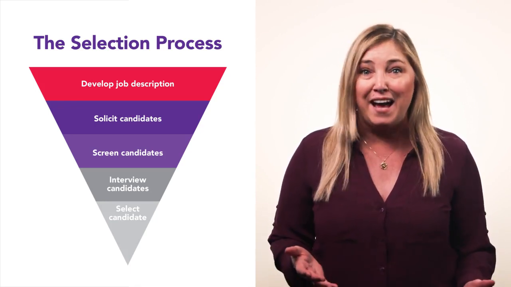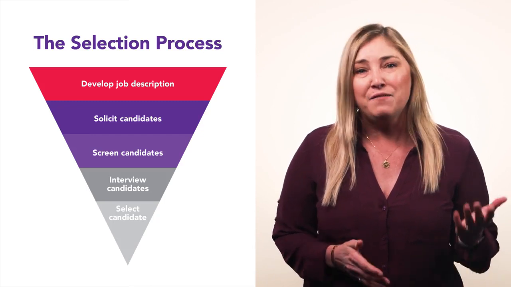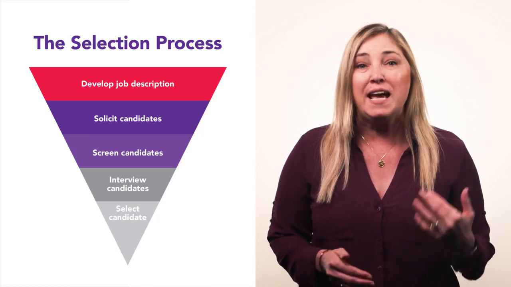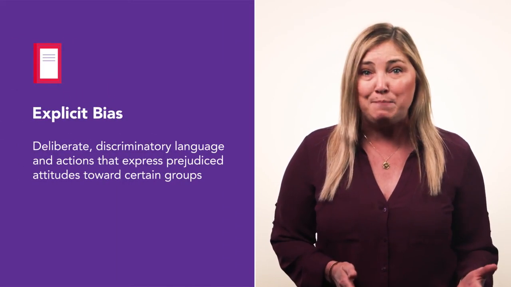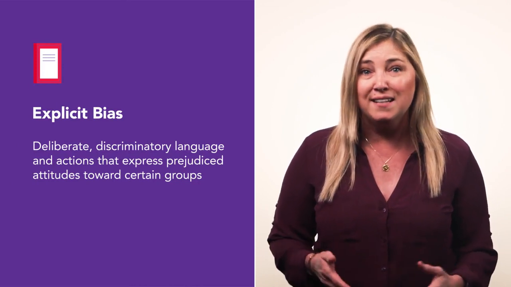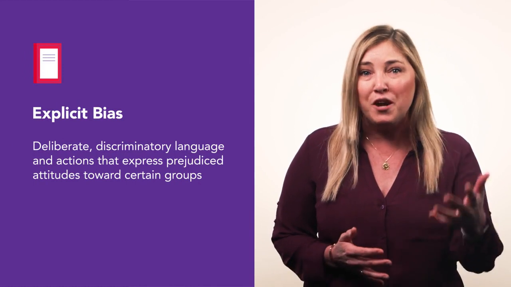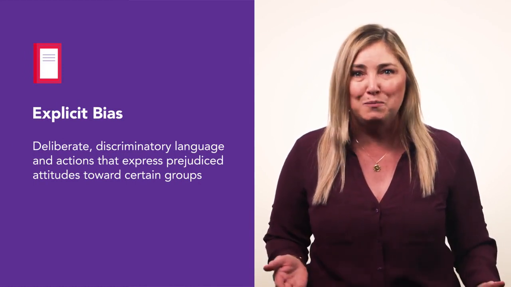Before we dive into how to address biases, let's define and understand the two types of biases that exist: explicit and unconscious biases. Explicit bias refers to deliberate, discriminatory language and actions that express prejudiced attitudes towards certain groups.